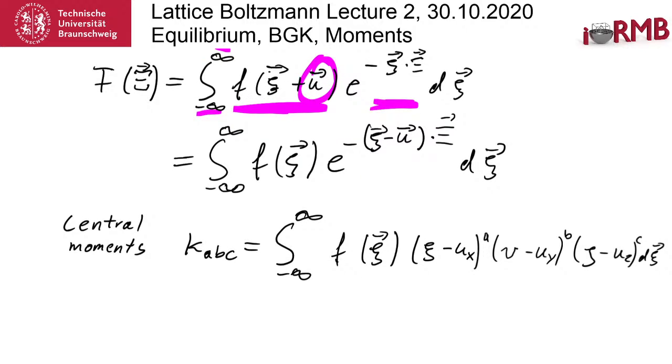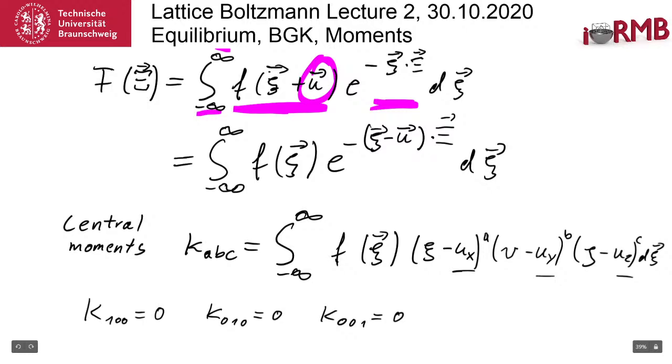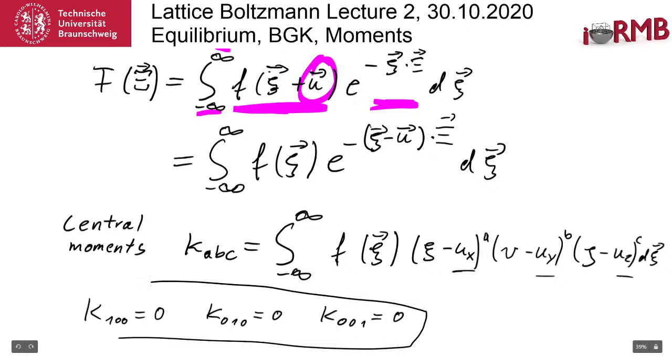By definition, the first-order ones are zero, because these would be the velocities, and the velocity is zero. So we have to determine u_x, u_y, u_z such that this holds.